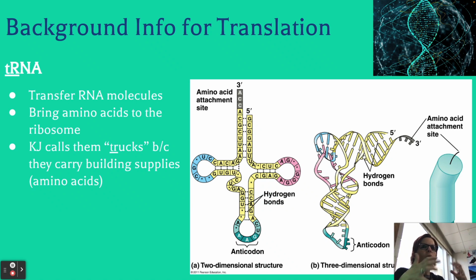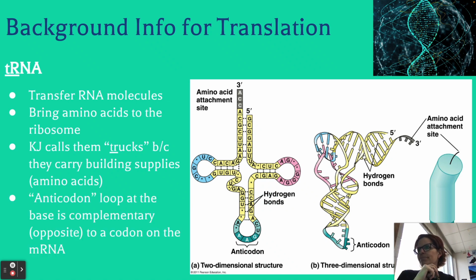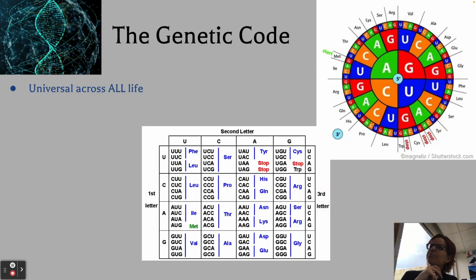So the code is on the mRNA. If you have AAA on the mRNA, what will the truck's anticodon say? What goes across from A? U. Oh, right, no T's. So this is going to be U's. Very tricky. Okay, moving on.